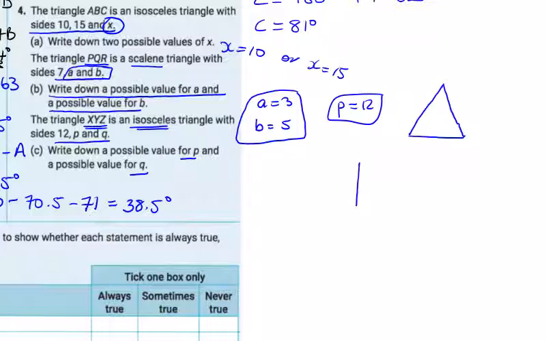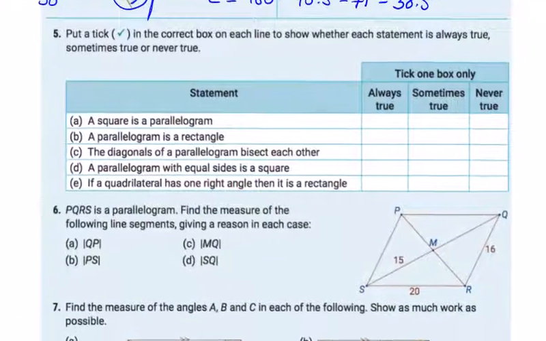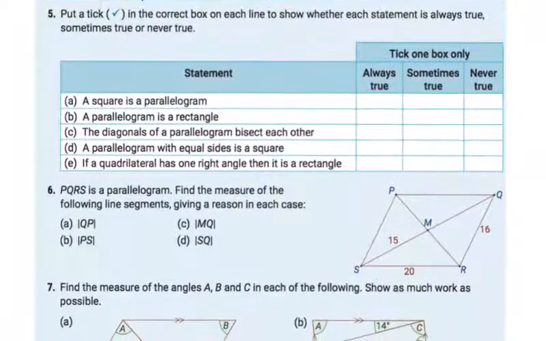Well, these 12s could be side by side nearly. So we don't need that much at the bottom to connect them. So we could have Q equal to 3 here. And the last part of this one, well, no, there's actually a couple more parts, but we'll leave it with number 5 here. Or we'll start number 5 in the next video.